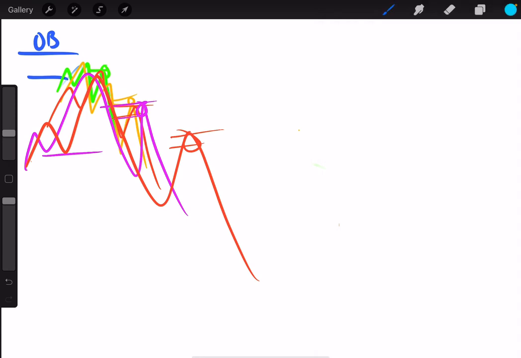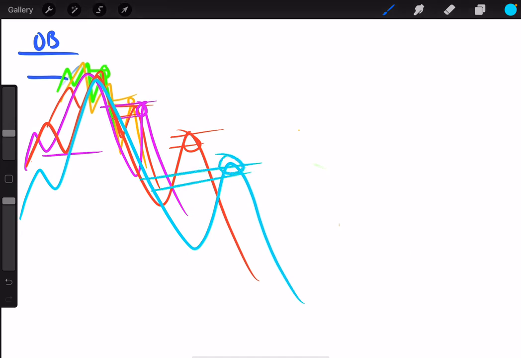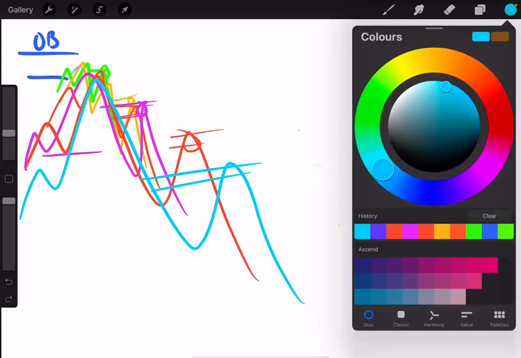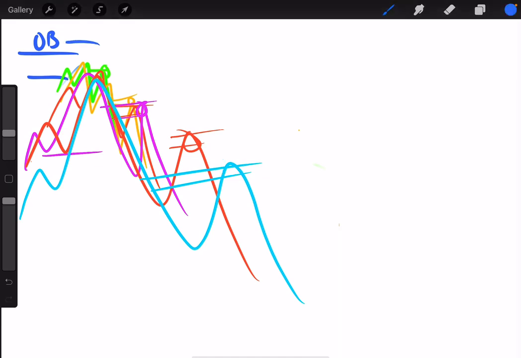Let's do this color. And we've got an entry point here. Okay, so these are the different time frames, and this up here, this is our weekly OB.